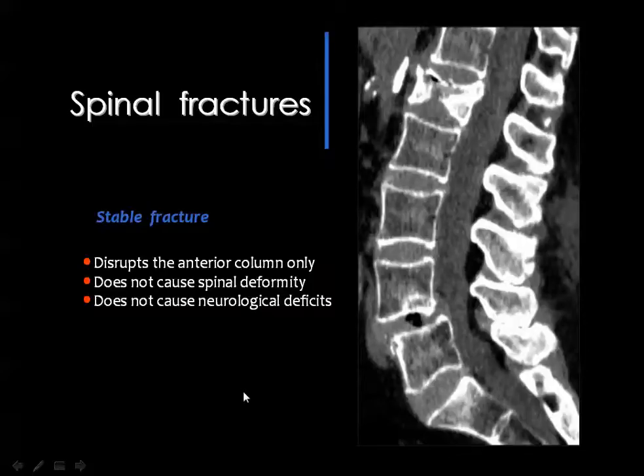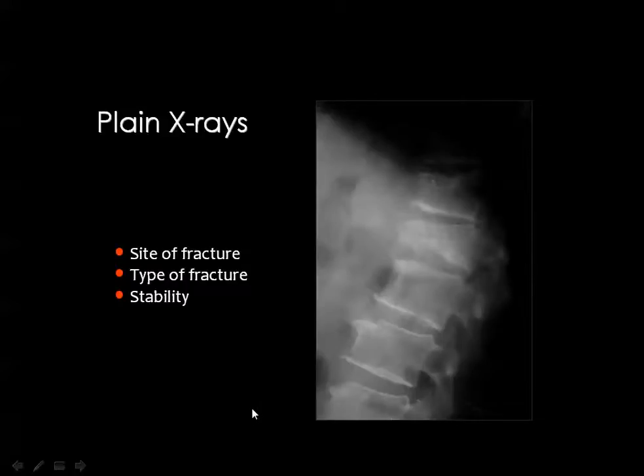And if you see a fracture that affects the anterior two-thirds of the vertebral body, it may affect the anterior longitudinal ligament, and the middle column is intact, as well as the posterior column. You can assume that this fracture is stable, but you should realize also that the clinical symptoms of the patient show no evidence of neurological deficit.